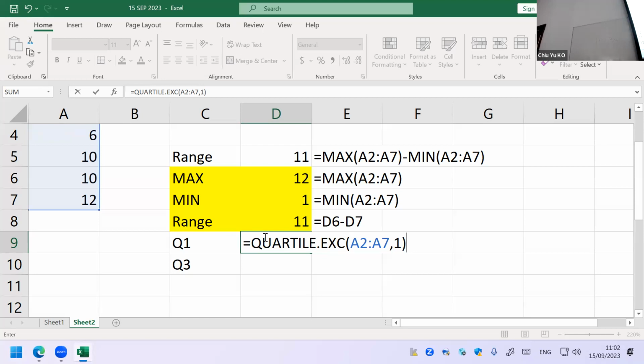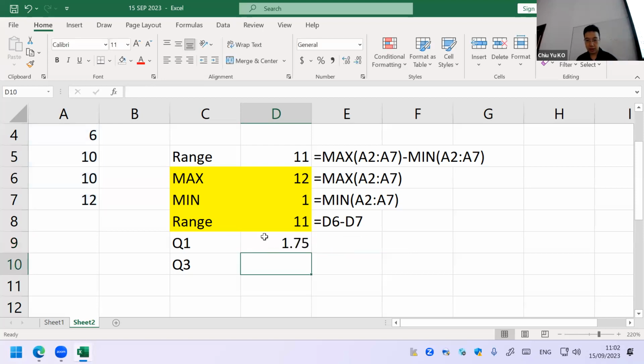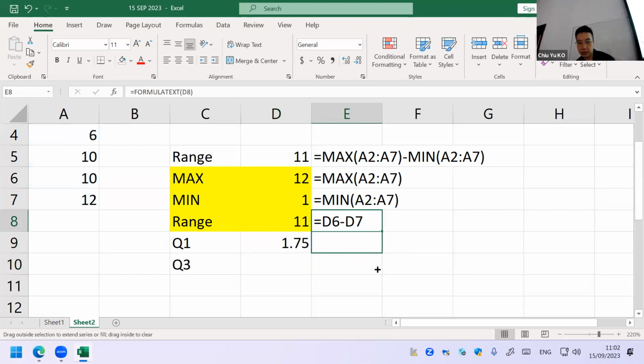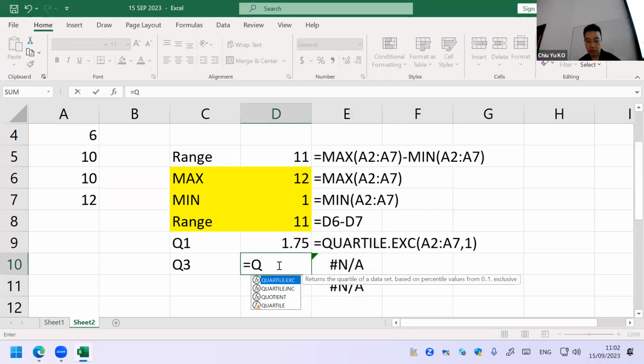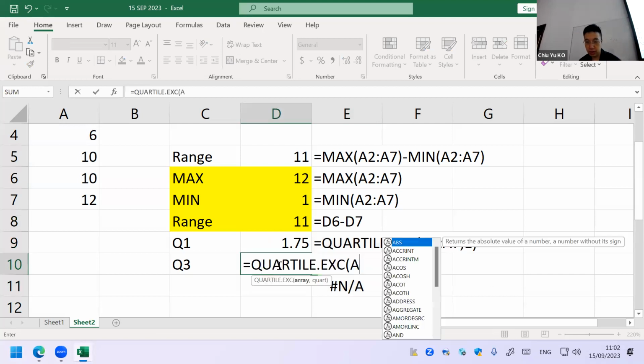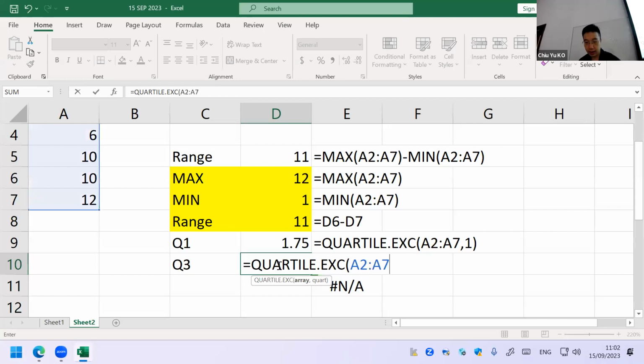Okay. So let me do the Q3 and then I do the IQR, right? Because 1 is Q1, 3 is Q3. So that will be quantile exclude A2 up to A7, and then I do 3, okay?